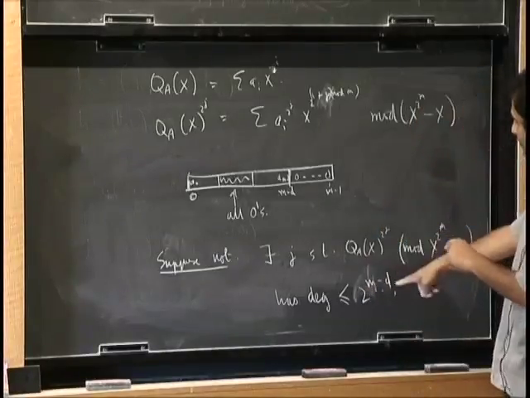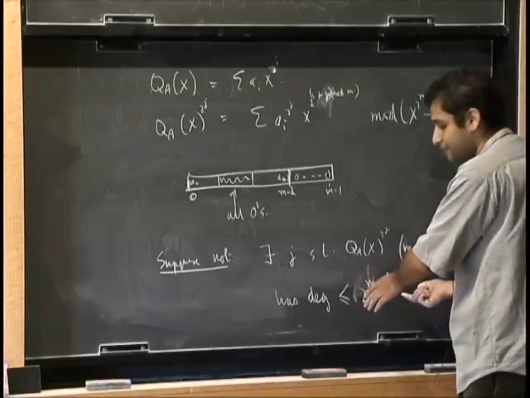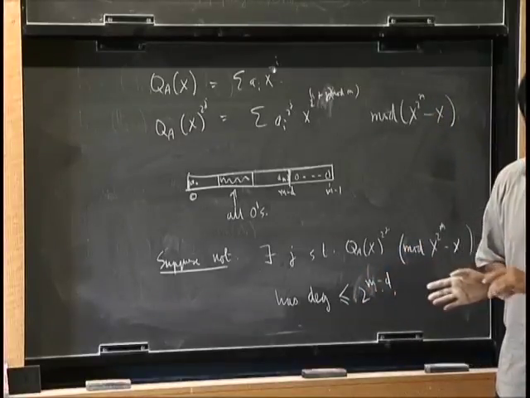So first let me rule out the degree being strictly less than 2 to the m minus d.